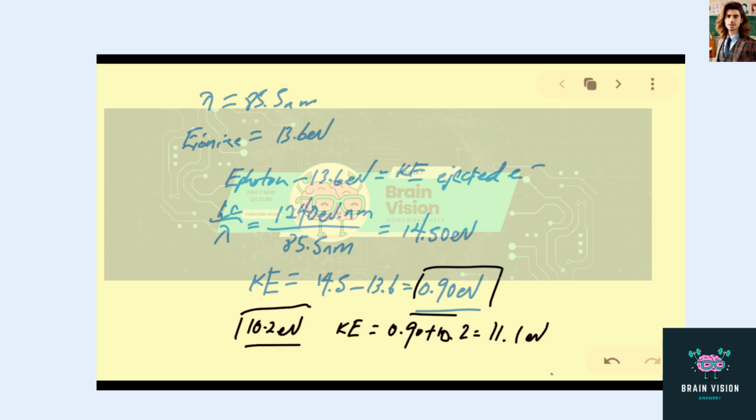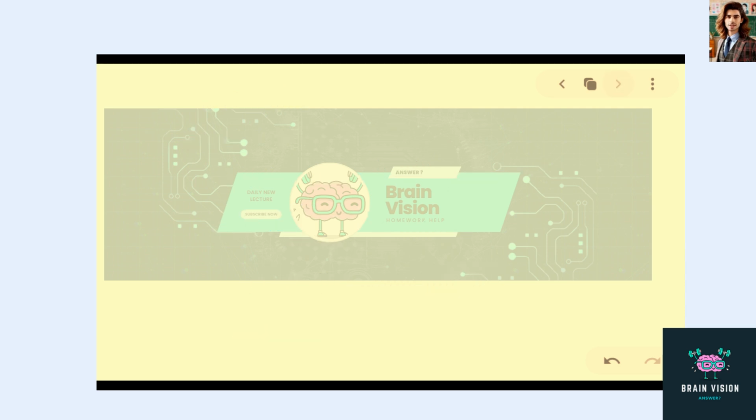Now, I hope you find this 10.2 a bit familiar, right? Because this is actually the energy difference between the n equals 2 and n equals 1 states of the hydrogen atom. As you remember, the energy for the hydrogen atom is given as negative 13.6 eV divided by n squared.